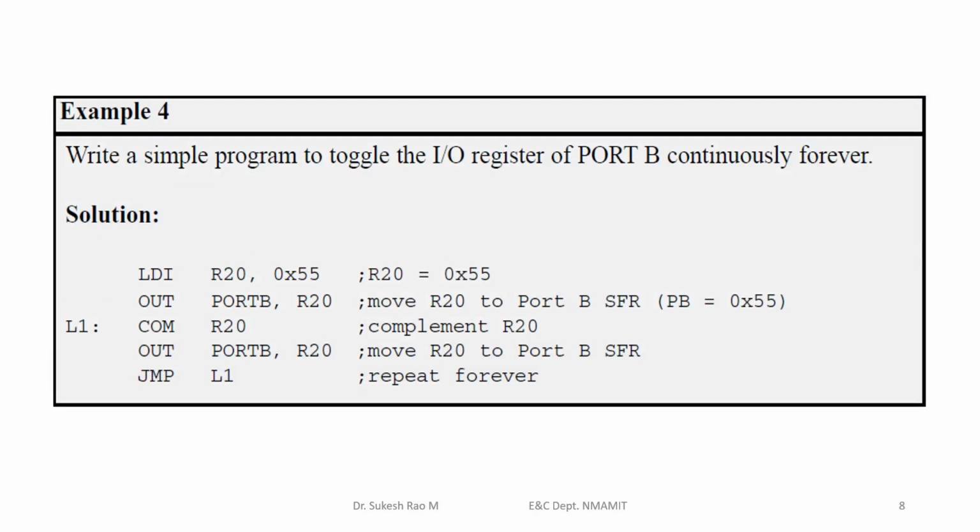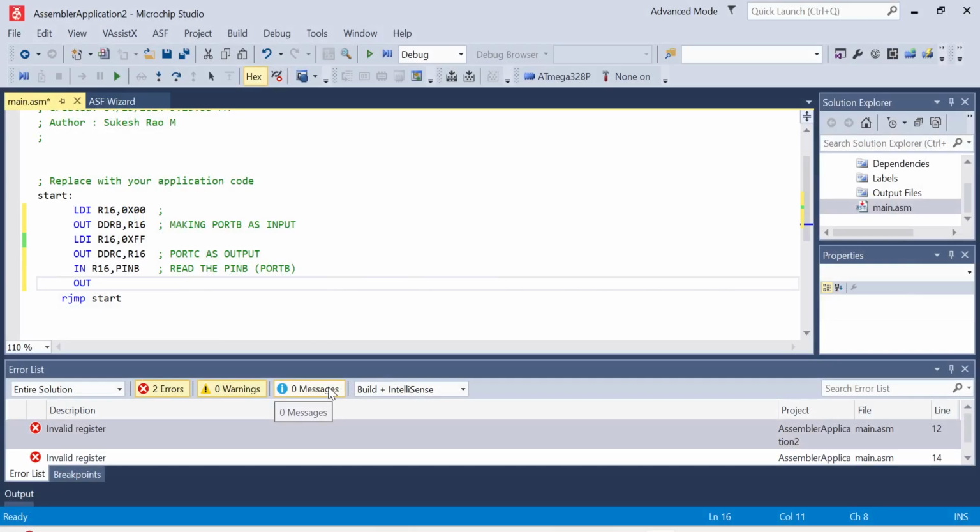So go back to this code and see out PORTB, R20. I think R20, I can make it R16, not a problem.